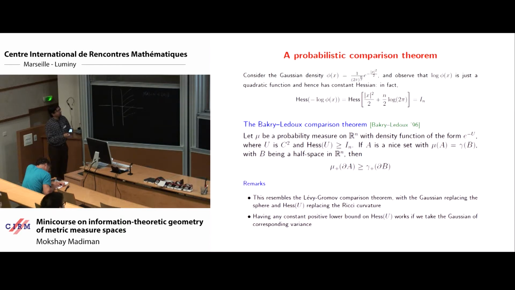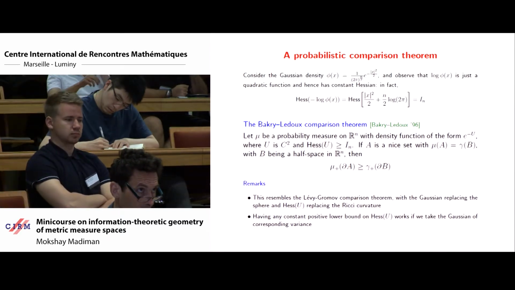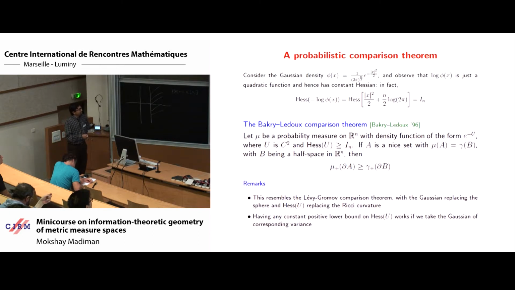It was this condition here that replaces the condition on curvature, the condition that the Hessian of u dominates the identity matrix. Okay, so the fact that it's the identity is not important, you could put a constant times the identity here. You would just have to take the Gaussian of the same variance, just like, you know, in the geometric setting, if we had a curvature bound of k, you had to take the sphere of the corresponding radius that had that constant Ricci curvature.